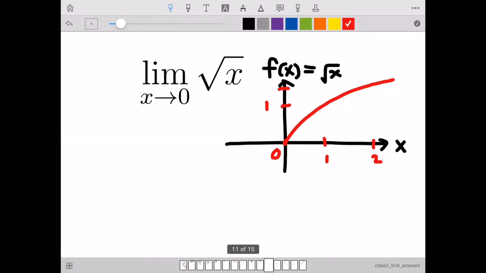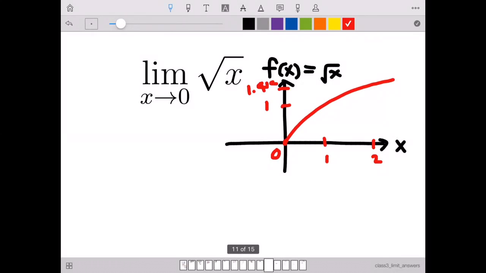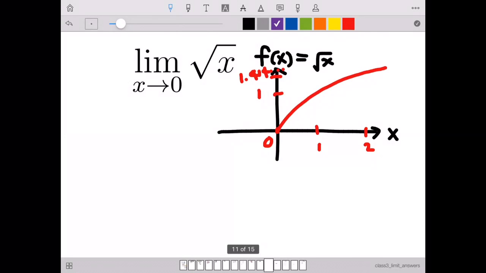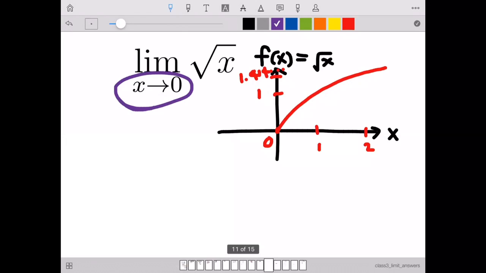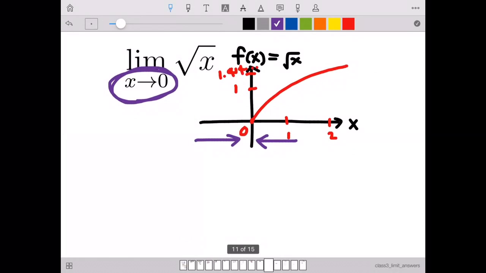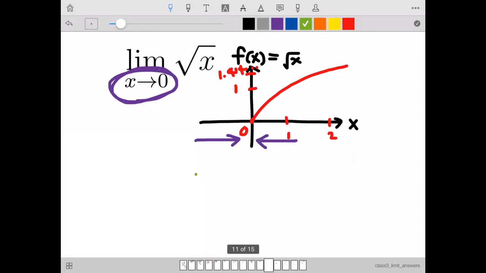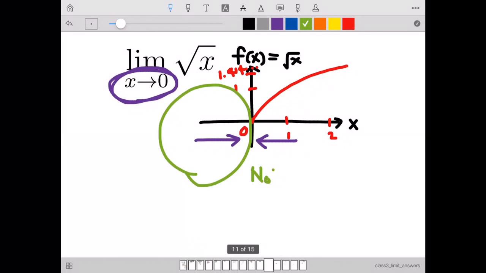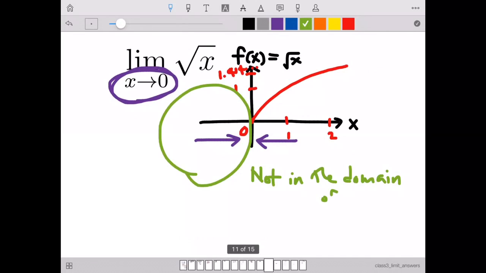At 2, it is approximately 1.414, etc. But the limit as x approaches 0 means we are approaching 0 from the left and from the right. So on the left, it is not in the domain of f.